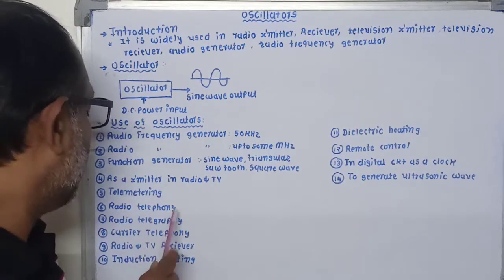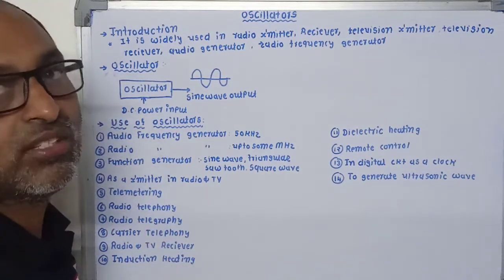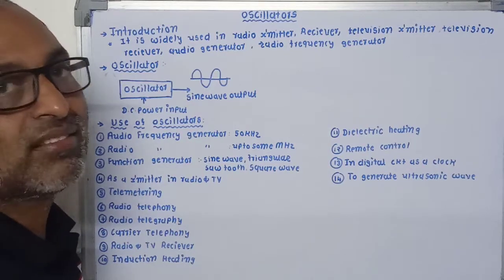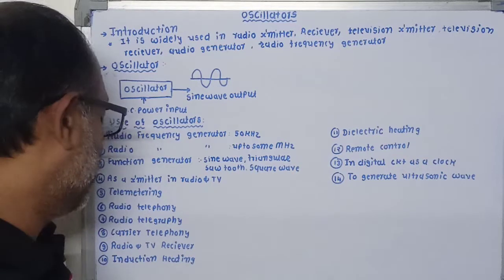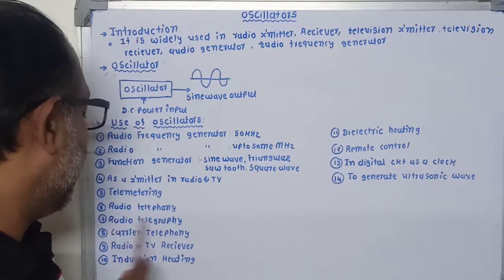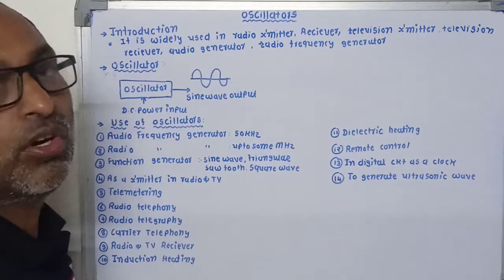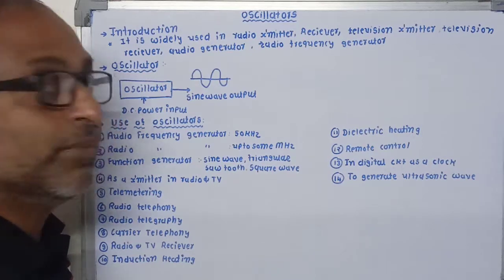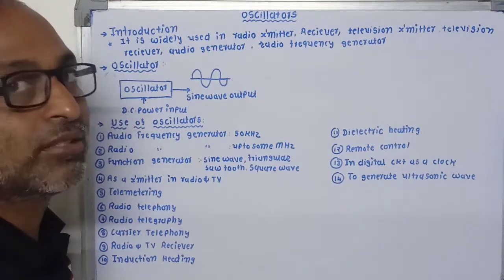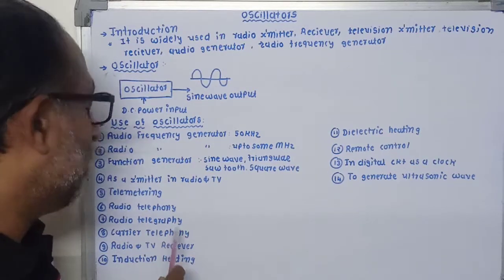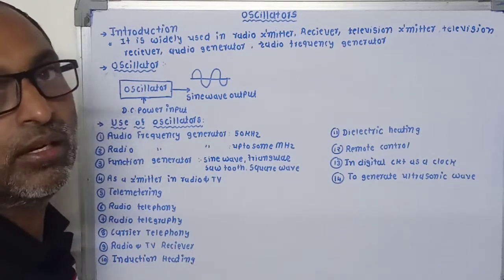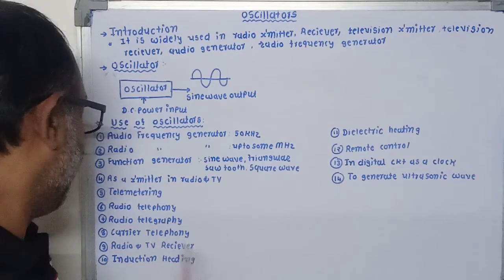Sixth, radio telephony. The oscillator is used to exchange information over a telephone by radio waves. Seven, radio telegraphy. The oscillator is used to generate the carrier signal to transmit the telegraphy signals by radio waves.